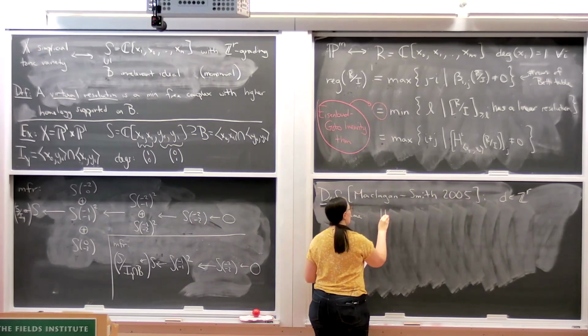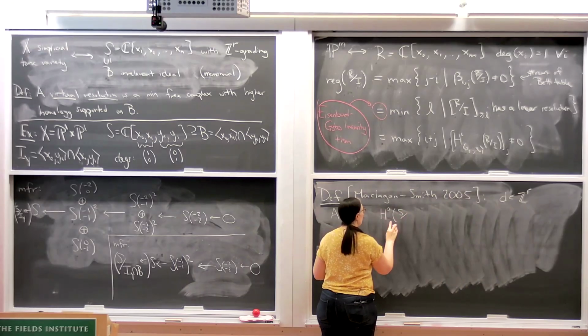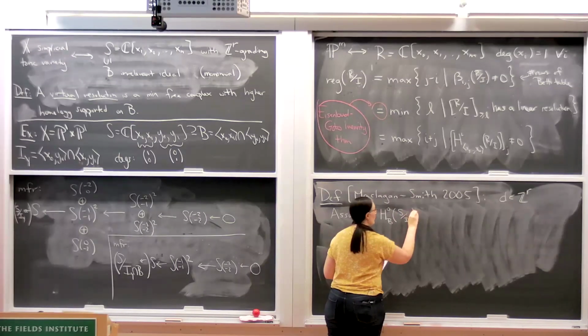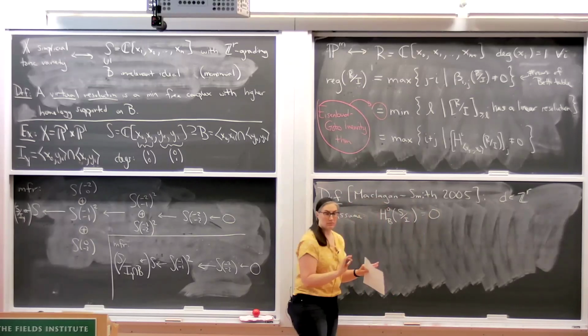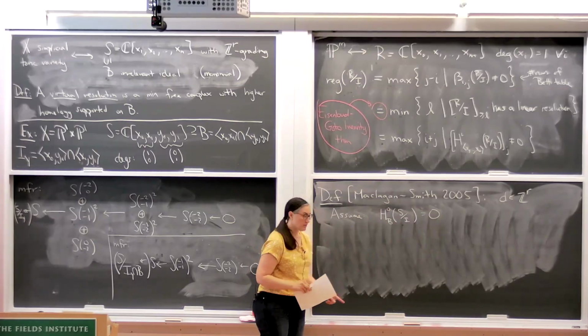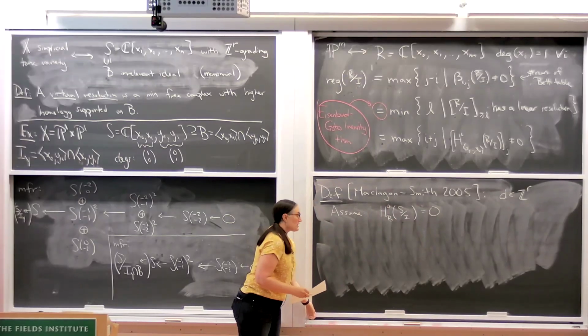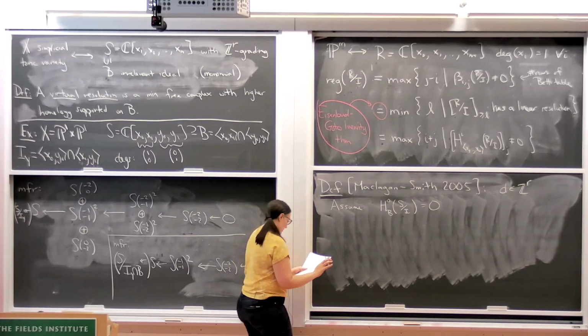Let's assume now that I'm starting with an ideal where this local cohomology module is 0. Okay, that just means this doesn't have any B-torsion, or no components of B are associated primes. Okay, that's all we're saying.